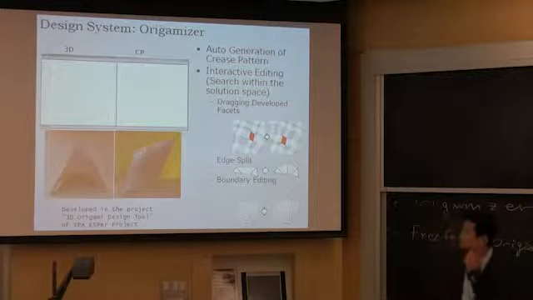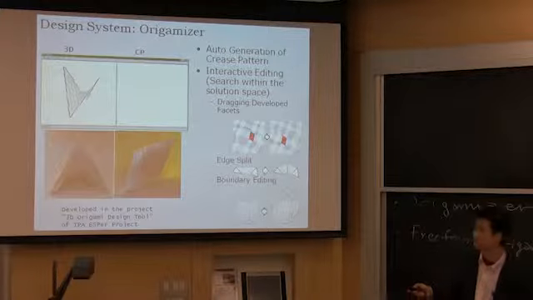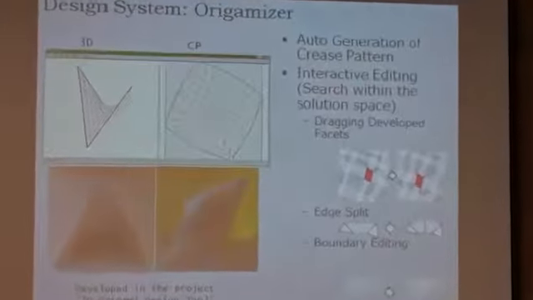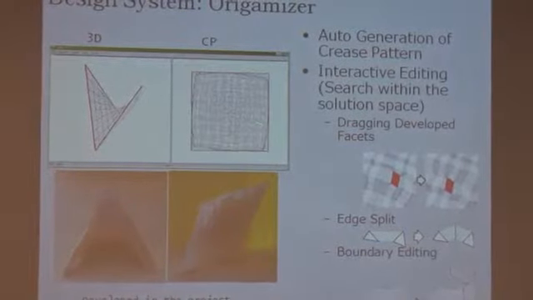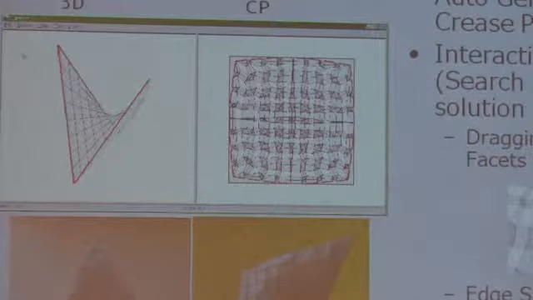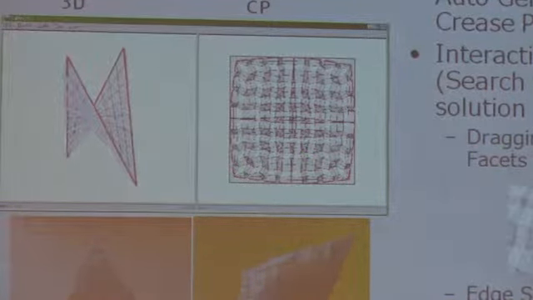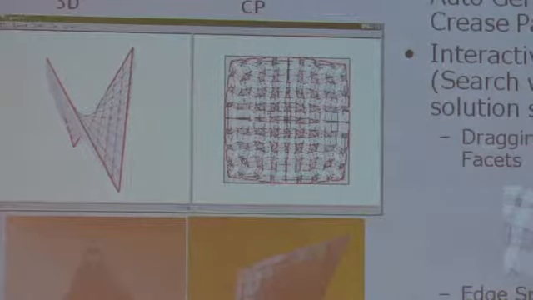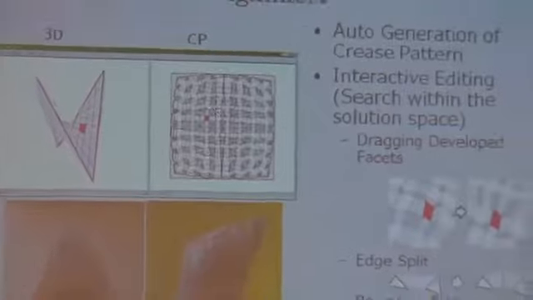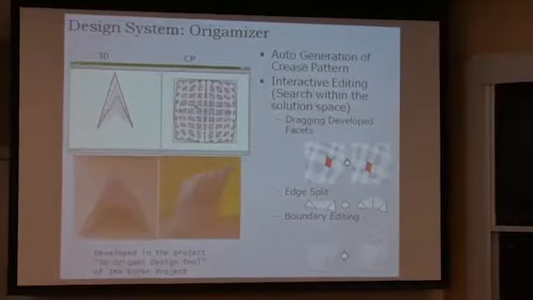So this is the system. You put the input here in this window, and you have the layout of the surface polygons, and then you get the crease pattern like that. So it automatically generates the crease pattern. And here you see it's edited in real time.